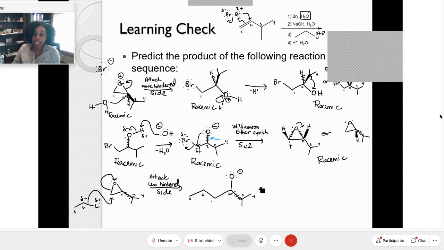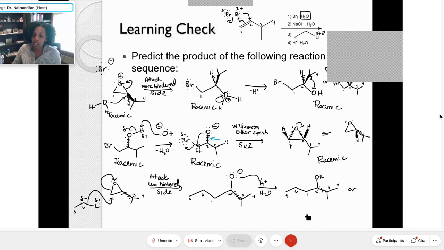So then our last step, aqueous workup step, go and pick up a proton. Here's our product. But is this good? No, we want to redraw this to where we get 5, 6, 1, 2, 3, and 4.